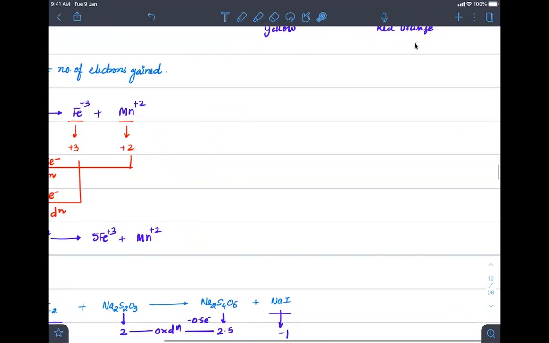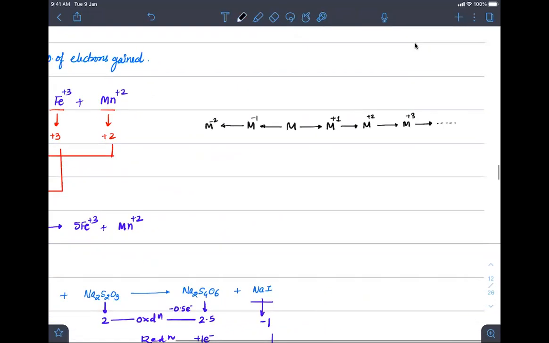In general, if I write it, think about it, there is some element M and it is changing its oxidation state to plus 1, changing to plus 2, changing to plus 3. So the value is increasing on the positive scale. In case it goes the other way and becomes M minus 1, M minus 2, it is decreasing on the negative scale.